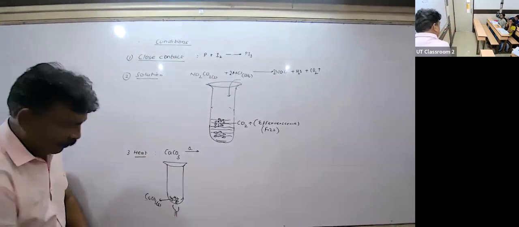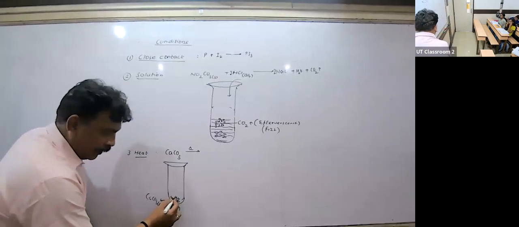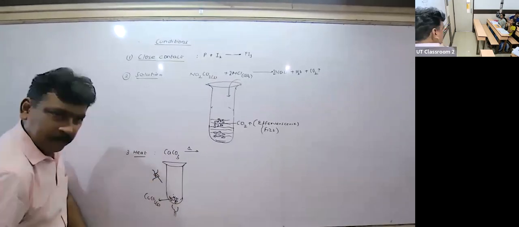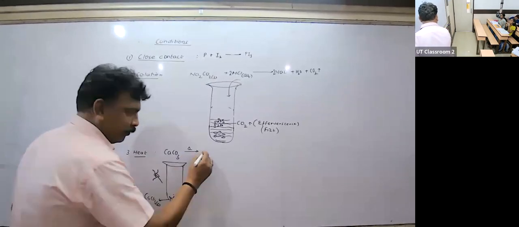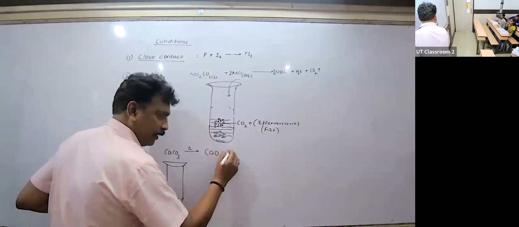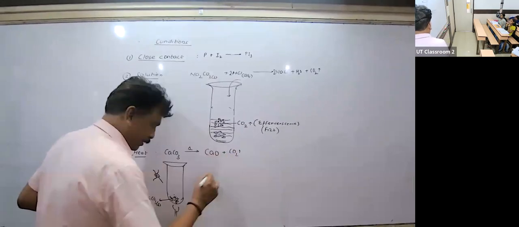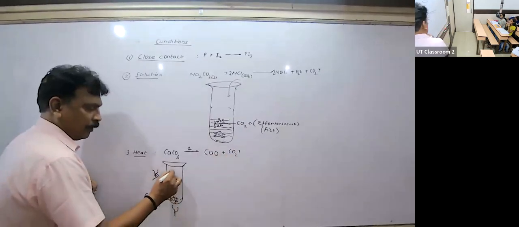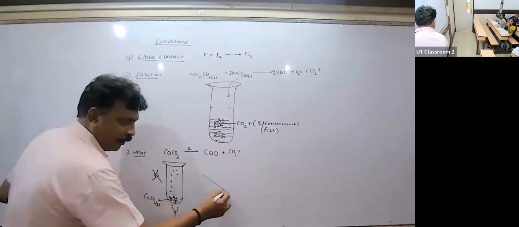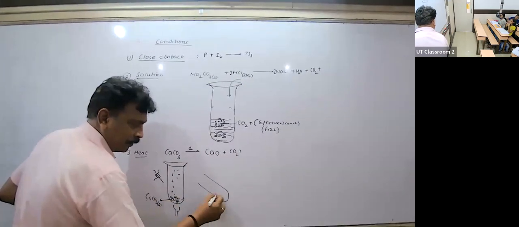When you heat, what will happen? Immediately this particular solid will break up. And once it breaks up, it decomposes to form what? Calcium oxide, and you will find some gas coming out, carbon dioxide. Put this carbon dioxide in lime water.